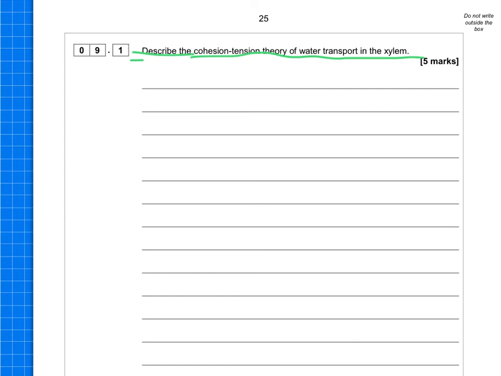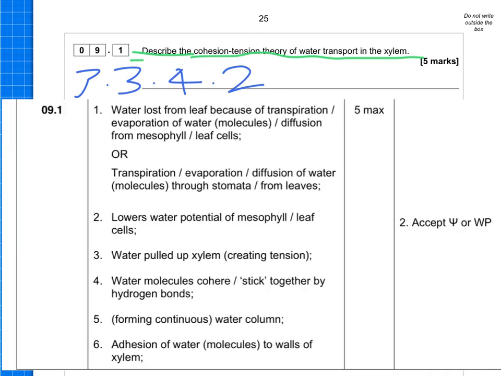So mass transport in plants, I'm just looking at the spec, that is 3.3.4.2. Let's have a look at the types of answers that they would accept. So for 5 marks, you've got to mention water is lost from the leaf because of transpiration. They would allow evaporation of water or diffusion from the mesophyll or leaf cells.